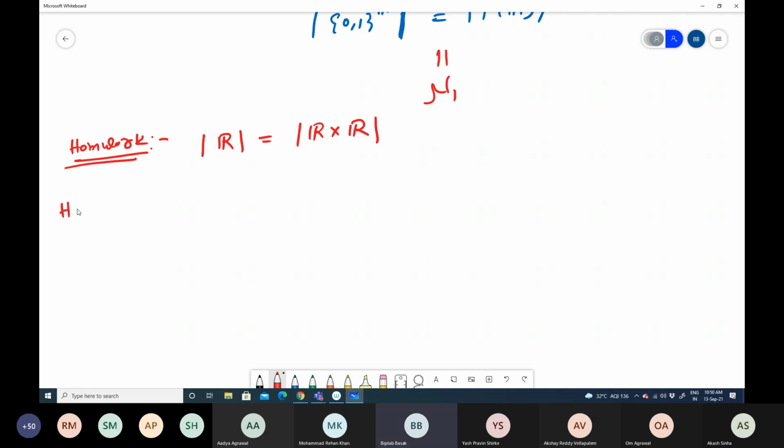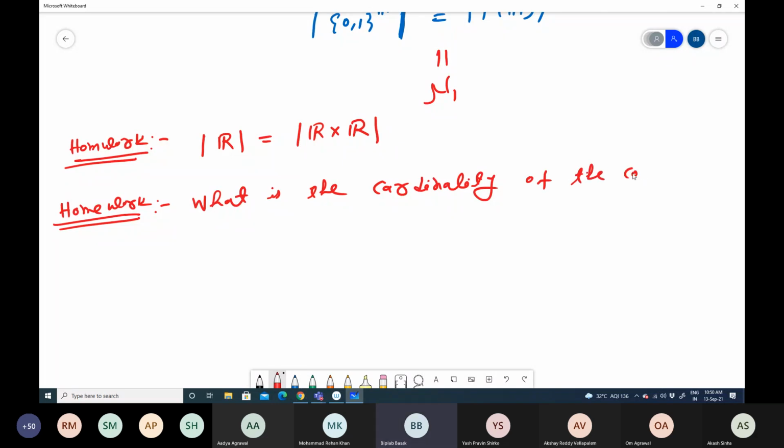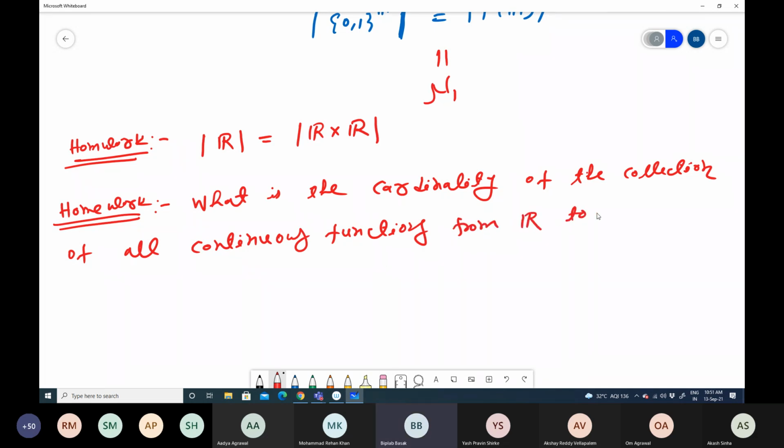And another one: what is the cardinality of the collection of all continuous functions from R to R?